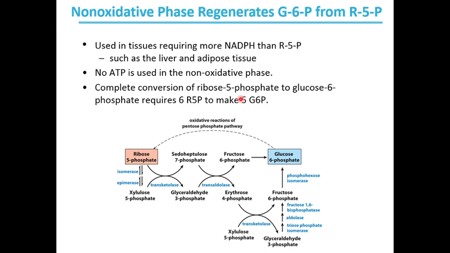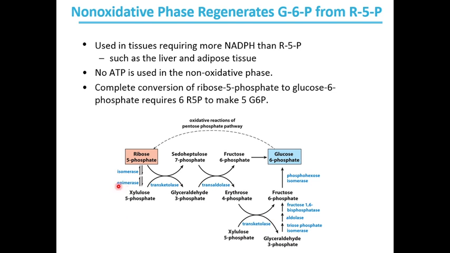Complete conversion of ribose-5-phosphate to glucose-6 phosphate requires 6 molecules of ribose-5-phosphate to make 5 glucose-6 phosphate molecules. And as you can see, the reactions involved in this process are carried out by 2 different enzymes, transketolase and transaldolase. And actually, there are 2 different transketolase reactions involved in this.